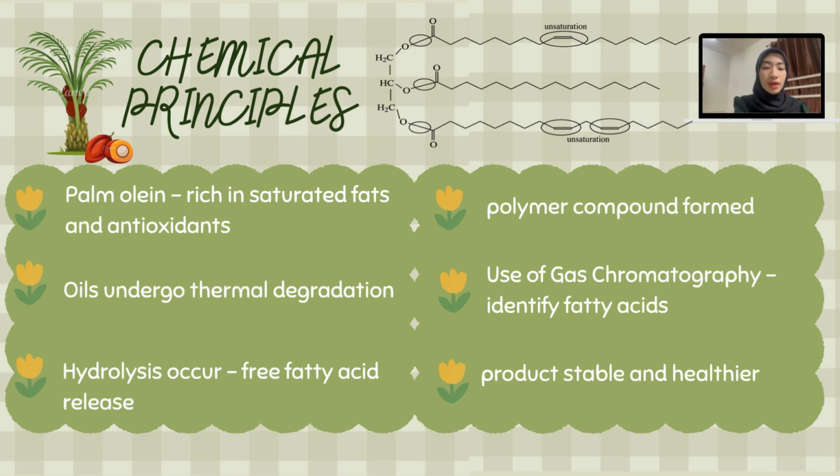When oils are heated for long periods at high temperature, for example in the study at 180 degrees Celsius for 60 hours, polymer compounds start forming. These large molecules degrade oil quality and are indicators of extensive use or overheating.